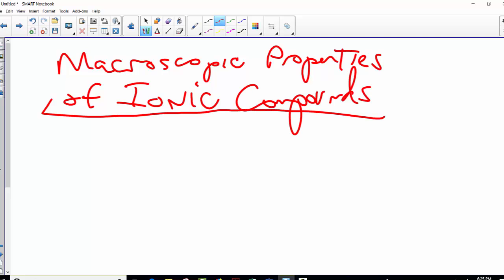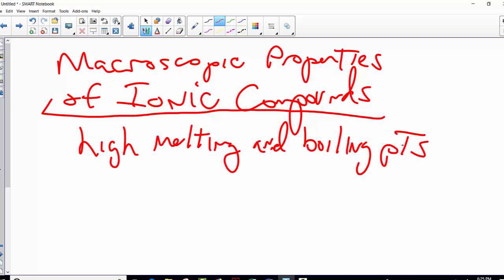Well, one of the things is just like the metallic bonds, we have high melting and boiling points. Metallic's a little stronger than ionic, but still high melting and boiling points as compared to covalent. And this is because that electrostatic attraction is very strong. It's hard to break it.